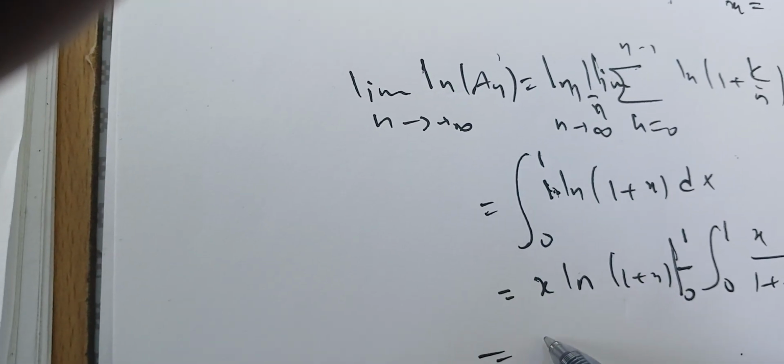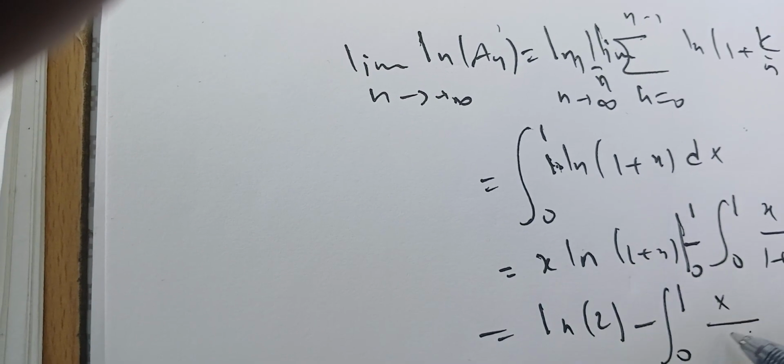So I have 1 times the natural log of 2, when x is 0 we have 0, minus the integral between 0 and 1 of x over (x + 1) dx. So the issue is here: we need to evaluate this one.